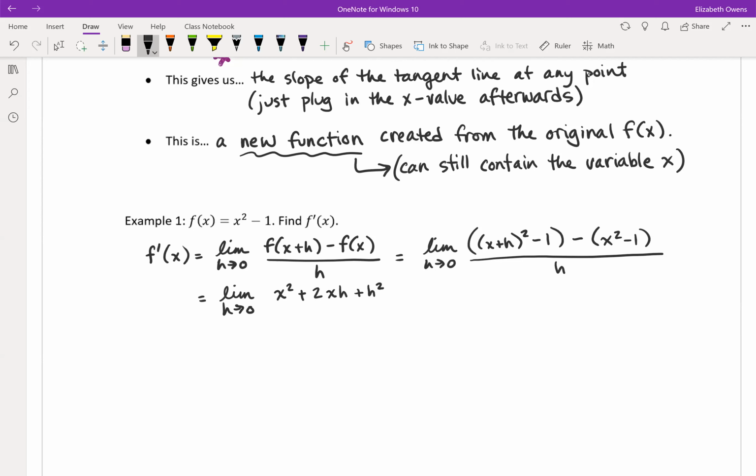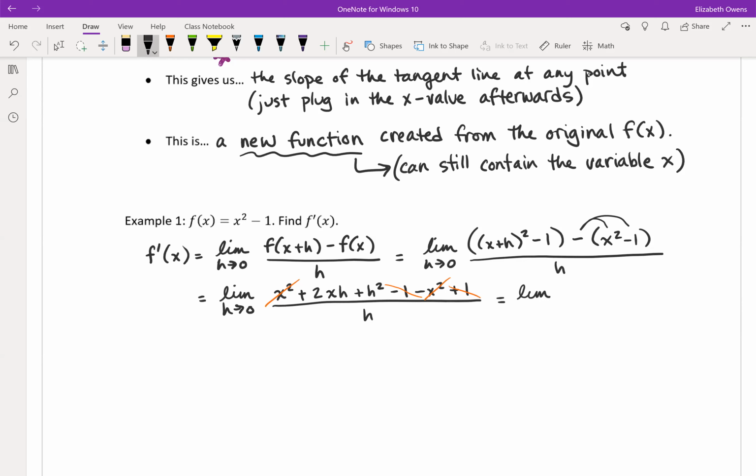And then we have our minus 1 hanging on the end there. And let's distribute this negative, minus x squared plus 1, all over h. We're going to have some cancellation going on here. We've seen that happen before.